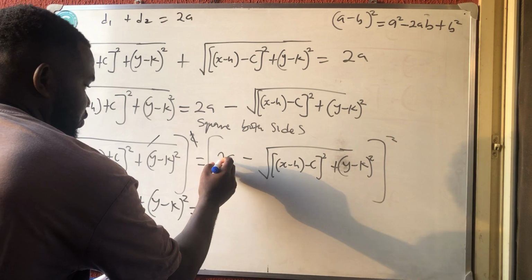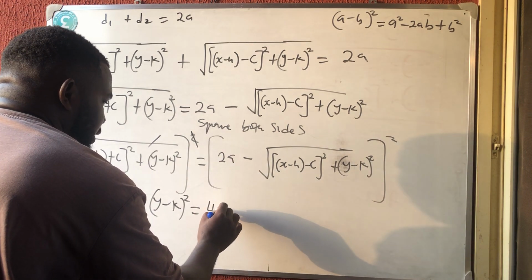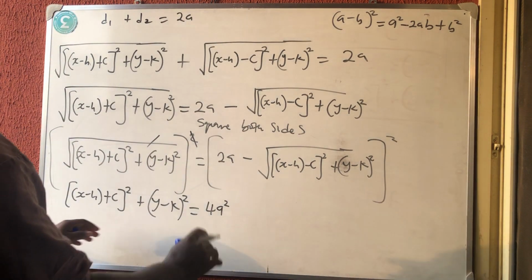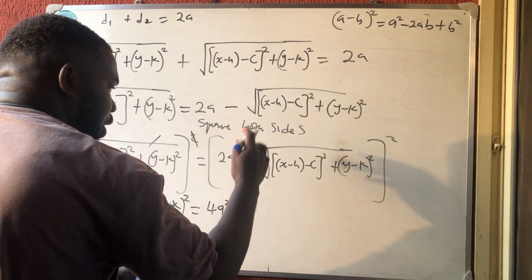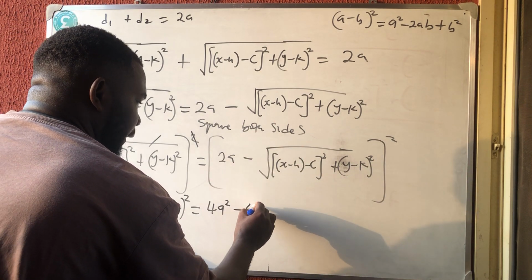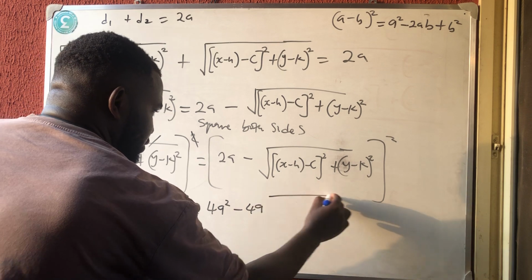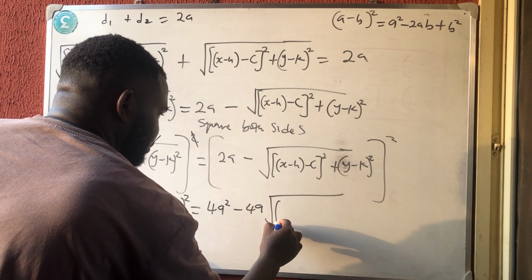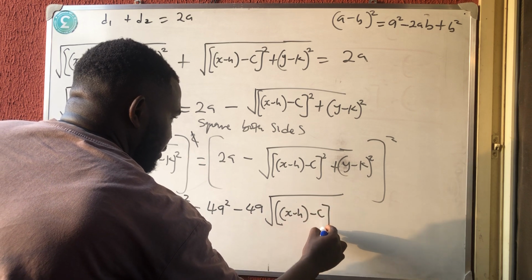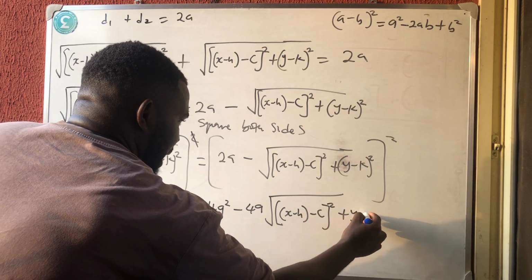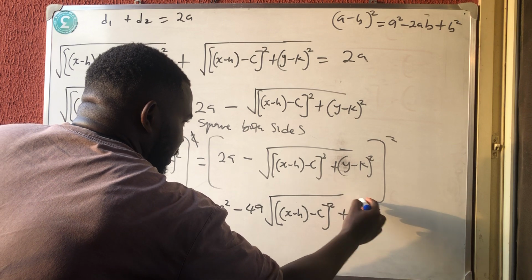If I square this first one, I'm going to have 4a squared. Now multiply these two things and double it. This time this, double it, I'm going to have minus 4a, then the square root of x minus h minus c all squared plus y minus k all squared.